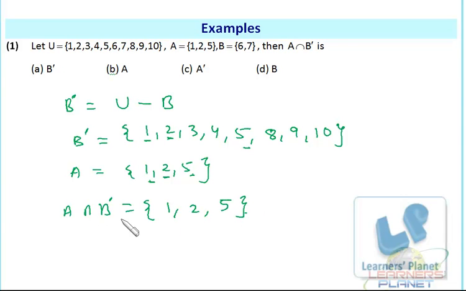Right? So precisely A intersection B dash is 1, 2, 5. So it is actually A only, because all the elements of A are there in A intersection B dash. So that's nothing but A.